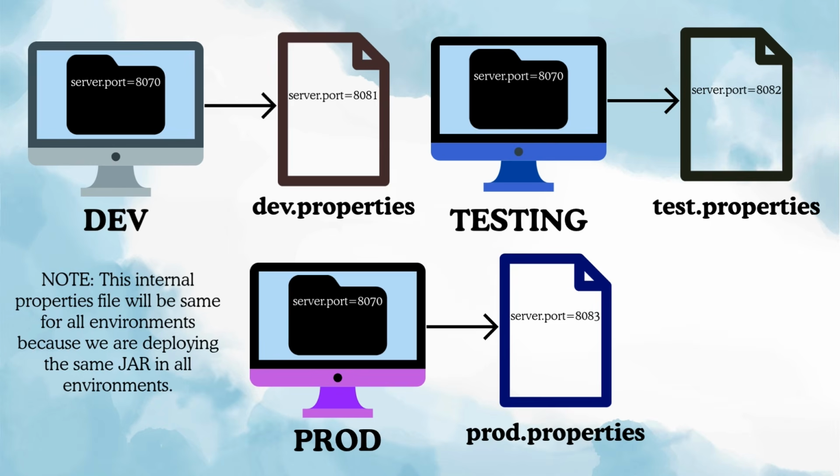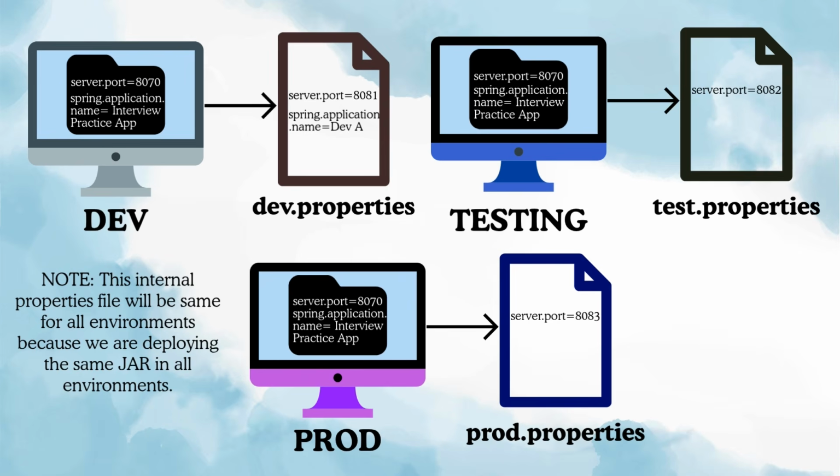Okay, so let's take an example to understand this better. Suppose we define this property spring.application.name in our internal application.properties. It's a property that defines our application name basically. So I'm keeping its value as interview practice app in the internal file. Now let's say in the dev environment, we define this spring.application.name as dev app, and in test we write spring.application.name as test app.